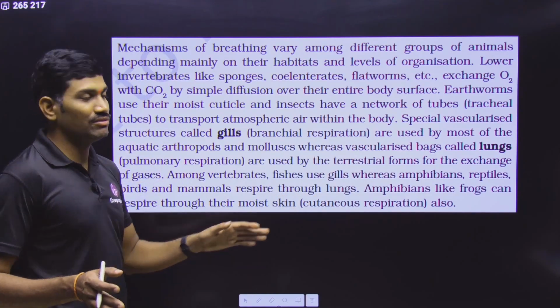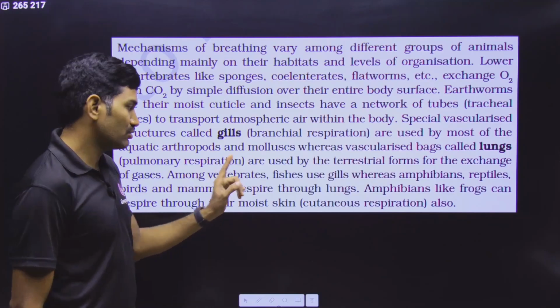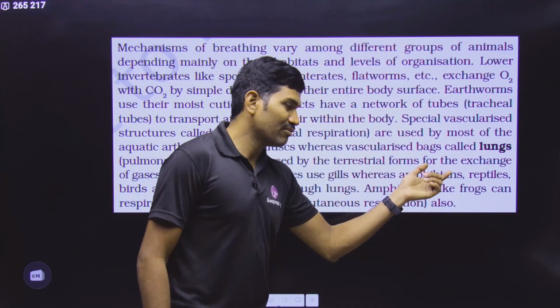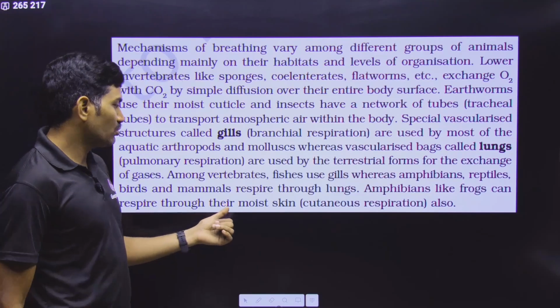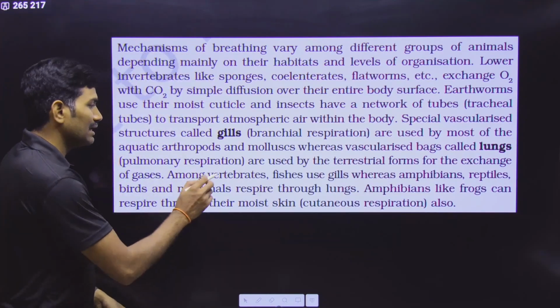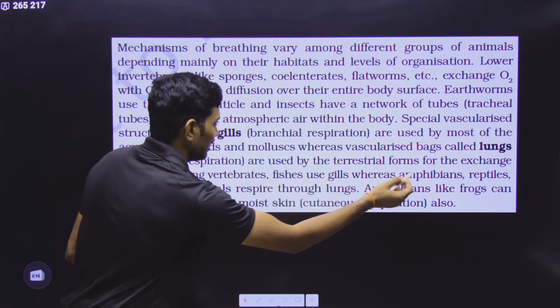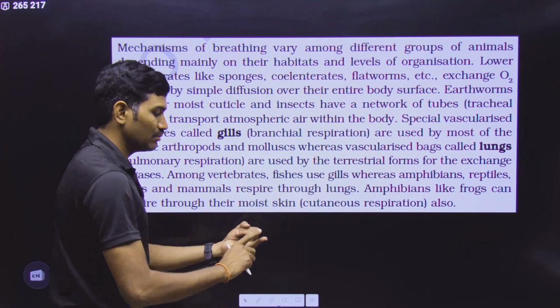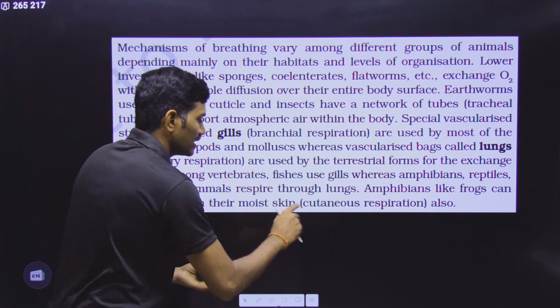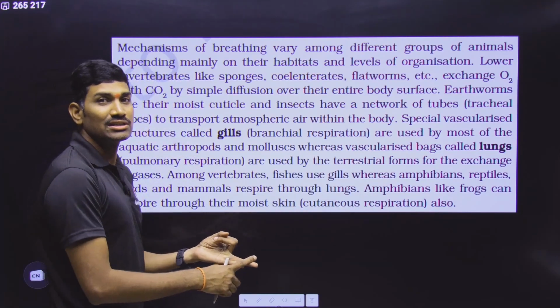I already told all these points in the table, so please observe this. Next one, separately for the frog, they are saying amphibians like frog can respire through their moist skin also. Already under the amphibians we studied lungs, that means in the case of frog, lungs are also working. Not only lungs, it can also respire through moist skin. That's why cutaneous respiration.